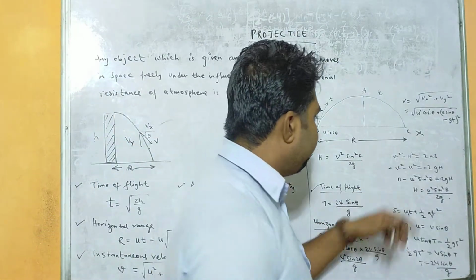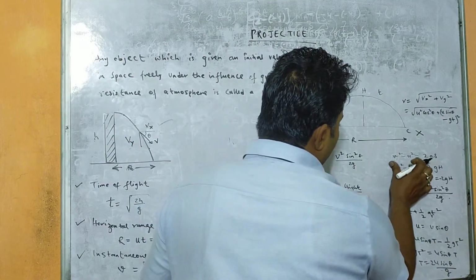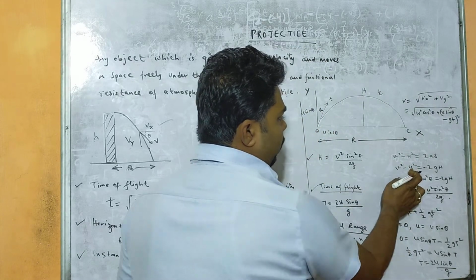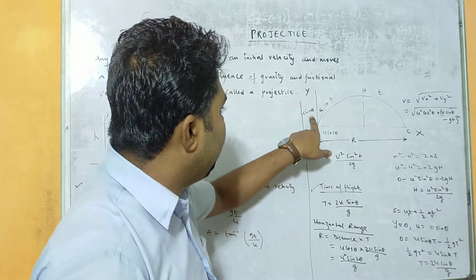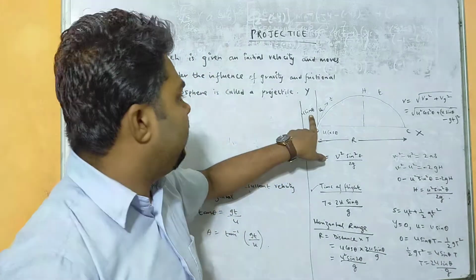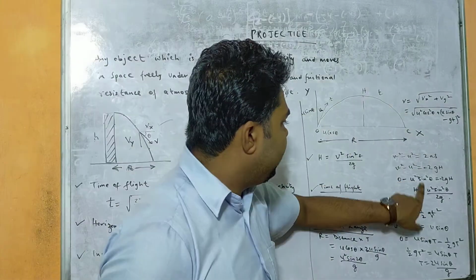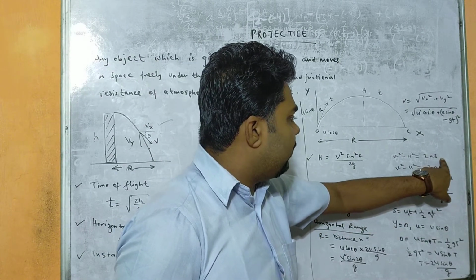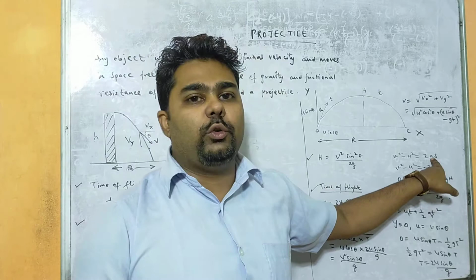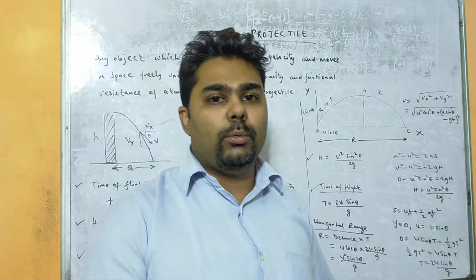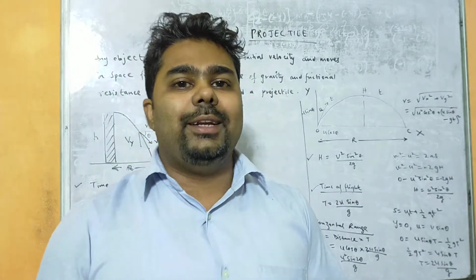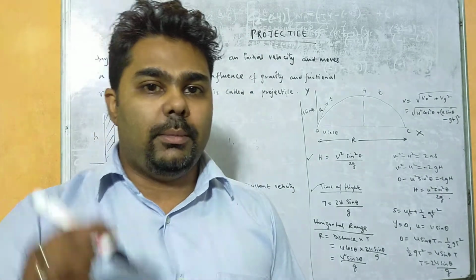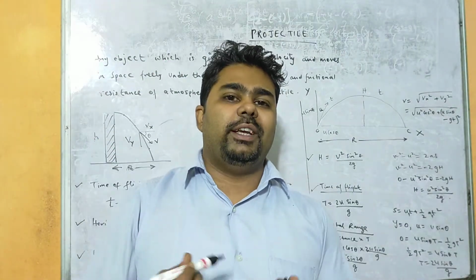So here v is 0. For u square, that means initial velocity, what is the initial velocity along the vertical direction? That is u sin theta. That means here we will be getting u square sin square theta. Now you see 2as was there, and in place of a I have substituted minus g, because when an object moves in the vertical direction upward, it is against the force of gravity, so we take minus g. But when an object falls down, we will take plus g.